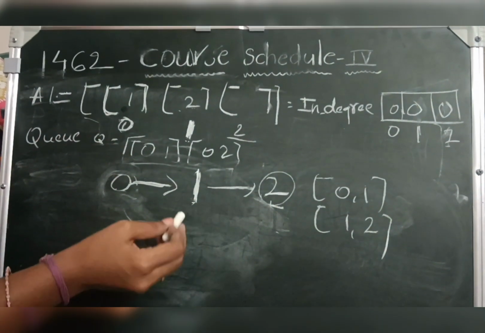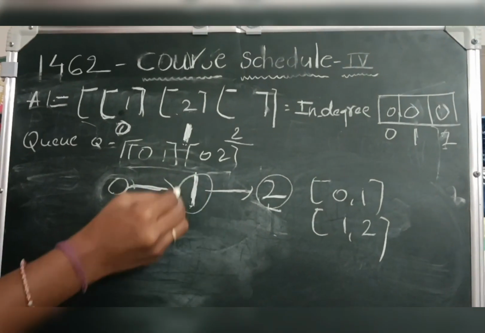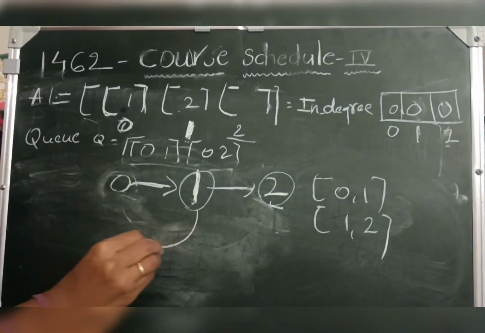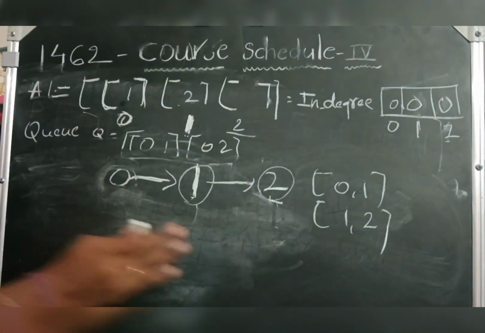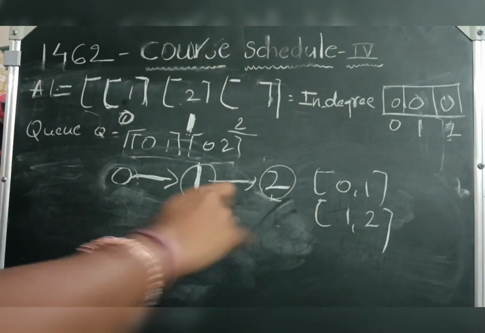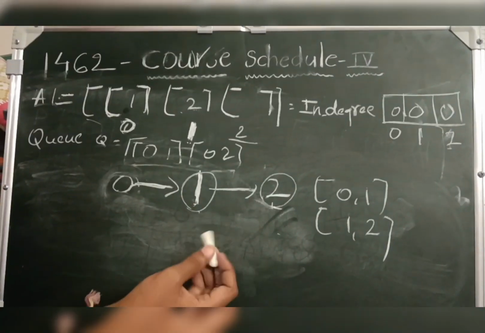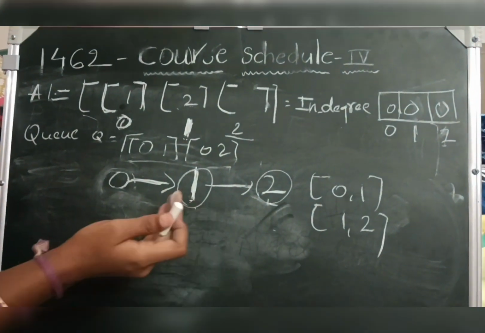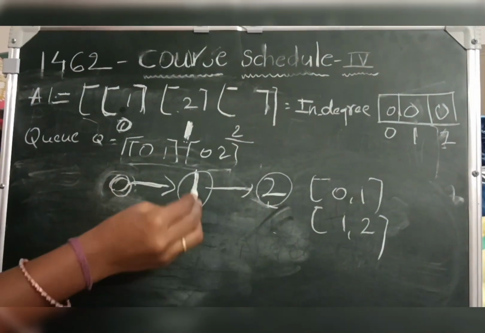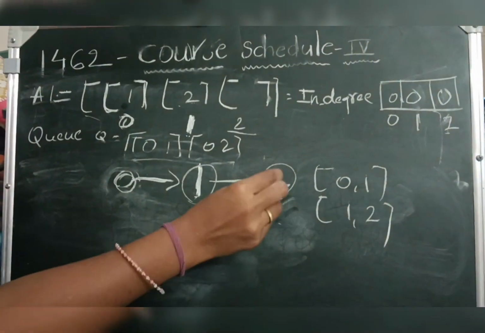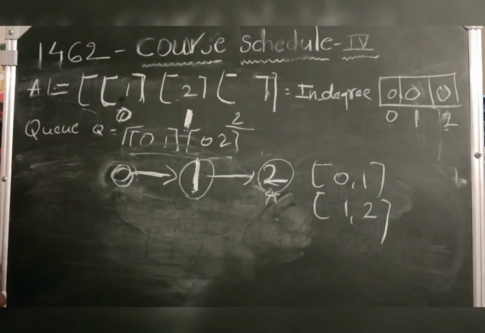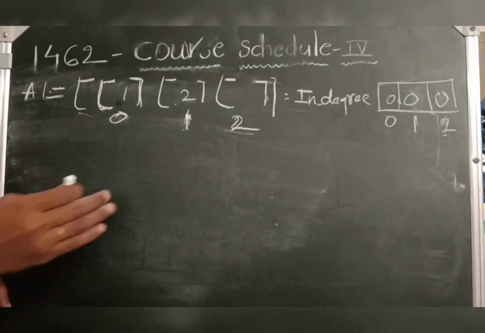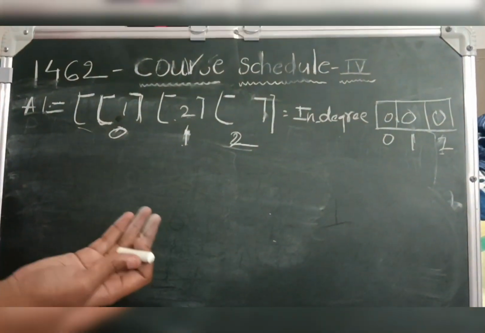So what we understand is that the prerequisites of 1 are also prerequisites of 2. While popping from the queue, you have to make sure to maintain a relationship showing that the vertices which 1 depends on are also dependent to this vertex 2. So now I think you understand the drawback of our previous approach.